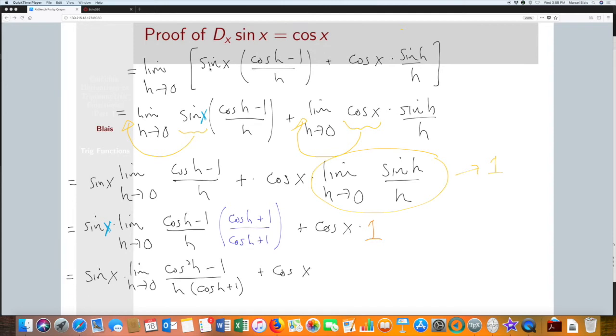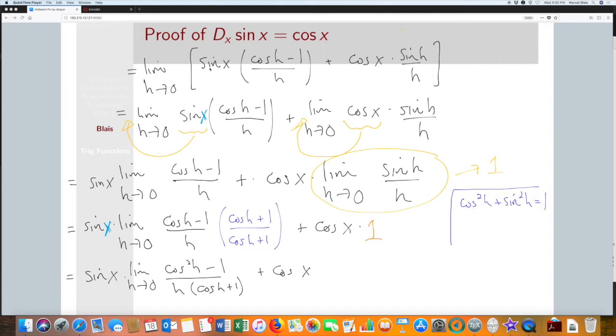Well, we can now start using our limit laws. Maybe before that, we should note that the point of this conjugation is that we know cosine squared h plus sine squared h equals 1.